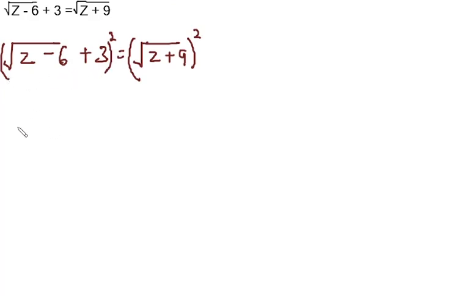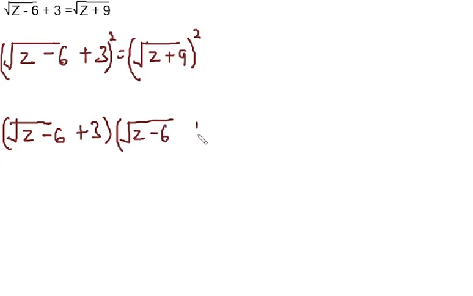This becomes (square root of z minus 6 plus 3) in the first bracket, and then the second bracket becomes (square root of z minus 6 plus 3), and then this is equal to, if you notice, the square here can cancel out the square root here directly. In this case, the square here cannot cancel out the square root here directly because there's also a plus 3 here. So this part of the equation becomes z plus 9.